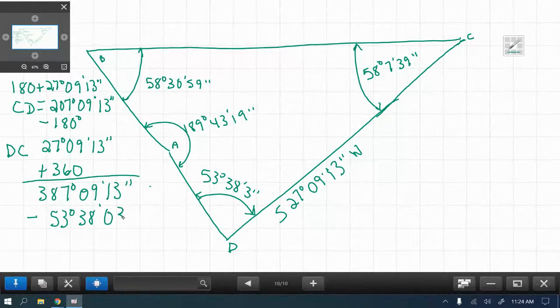This wasn't my intention on how you were solving this. So D to A, I think it's going to be 387.